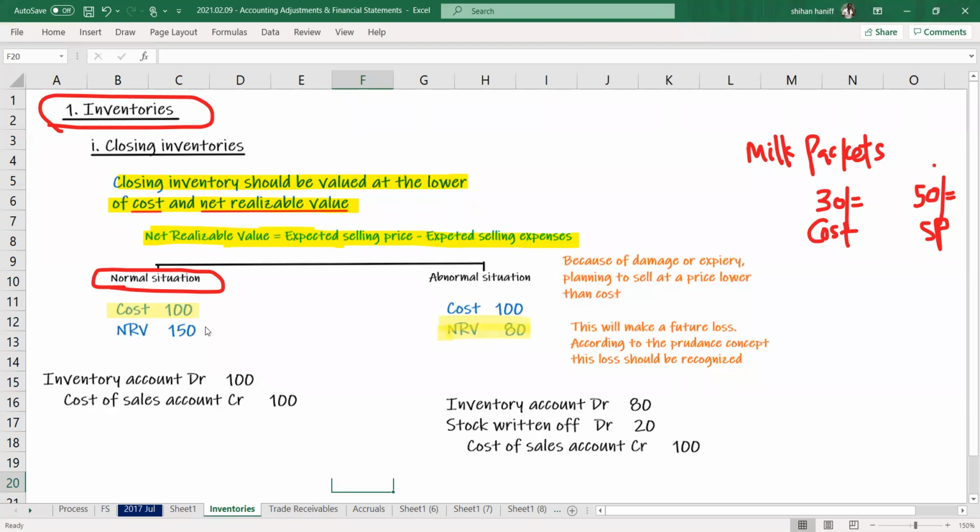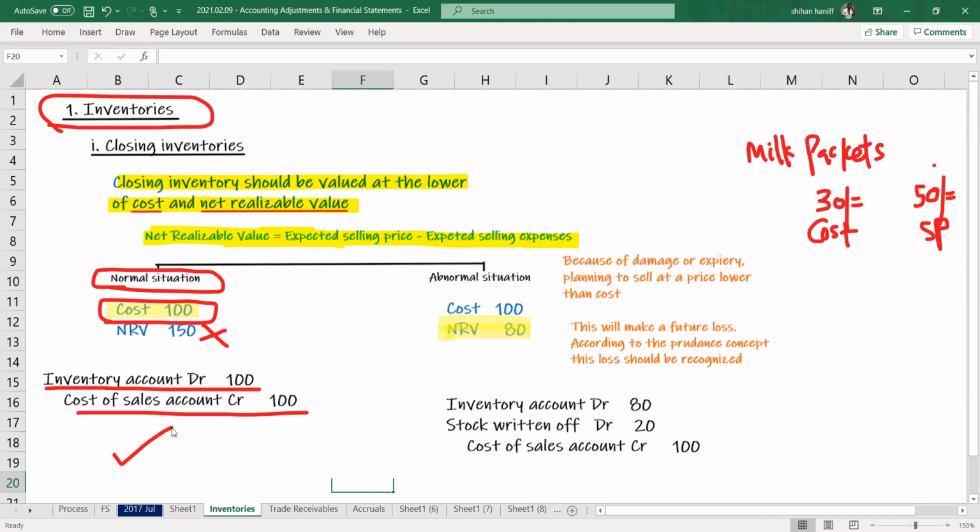So if the NRV is high, we don't take the NRV, we take the cost. The double entry will be inventory account debit 100, cost of sales account credit 100.